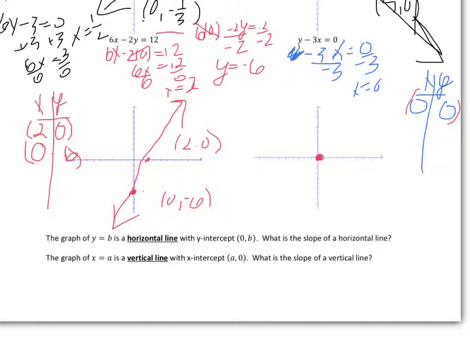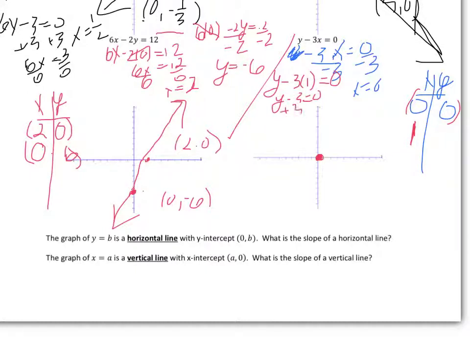So we need another point to plot this line. And since we already have the x and y-intercept, we can pick another value. We just pick any value we want and plug it in for either variable. I'm going to pick 1 and plug it in for x because 1's a small number, easy to work with. And notice when I plug it in up here, y minus 3 times 1 equals 0. So this is y minus 3 equals 0.